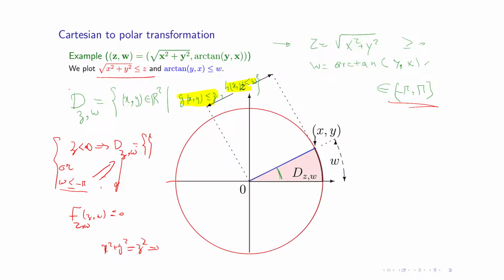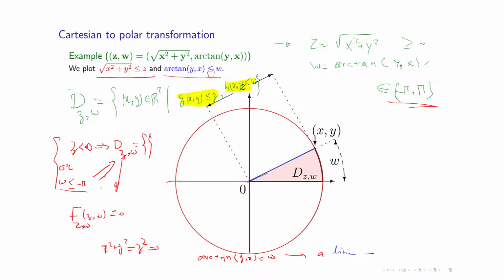The second one says that all the points have an angle less than or equal to w. If I consider the equality, arctan of y and x equal to w, this becomes a line with an angle of w.